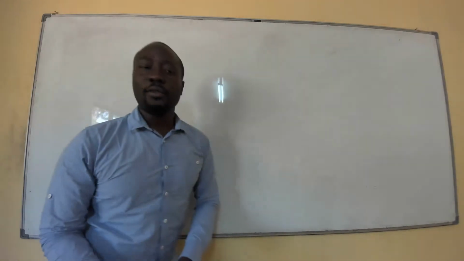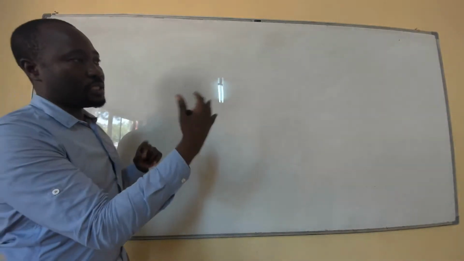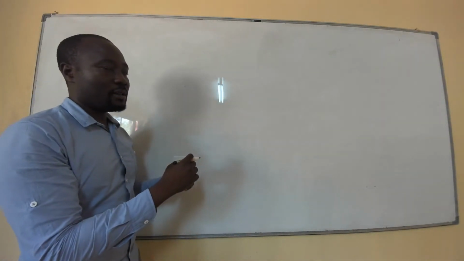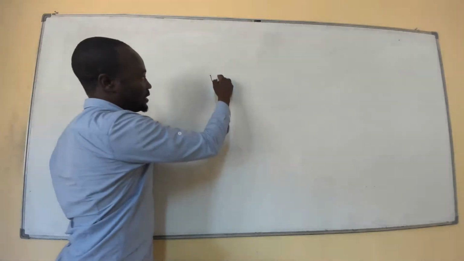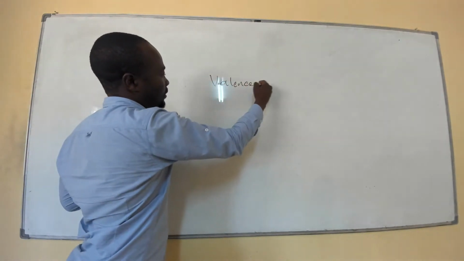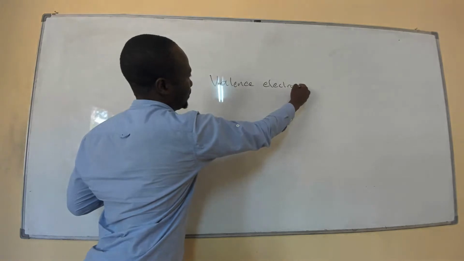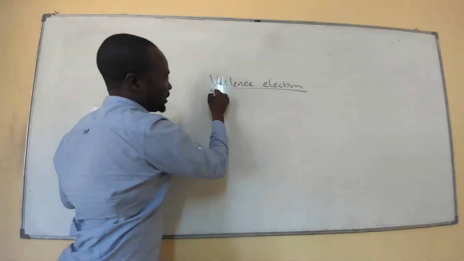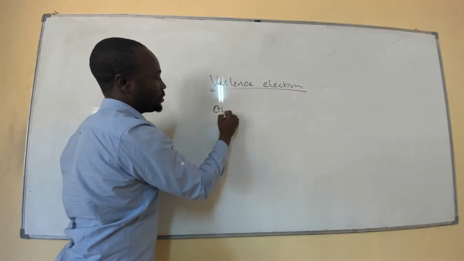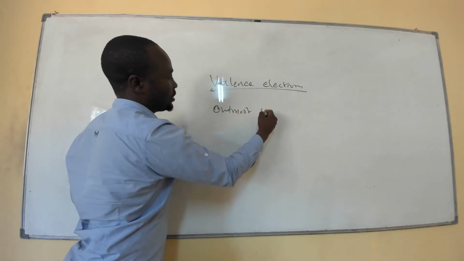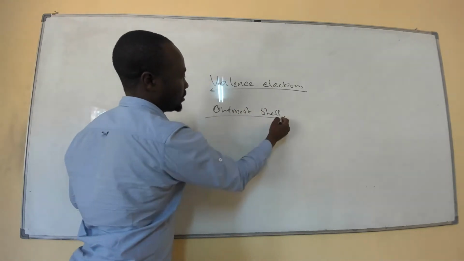I think one of you was asking, why are we just using the last electrons? Because we're just looking at the valence electrons. The valence electrons are the ones in the outermost shell.